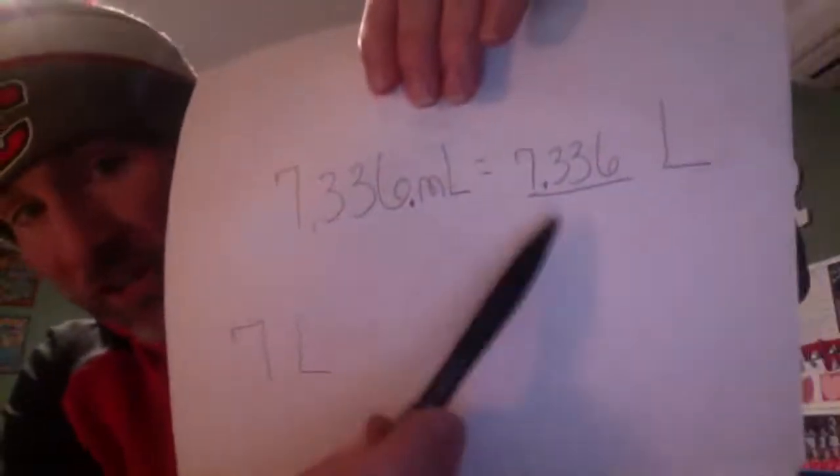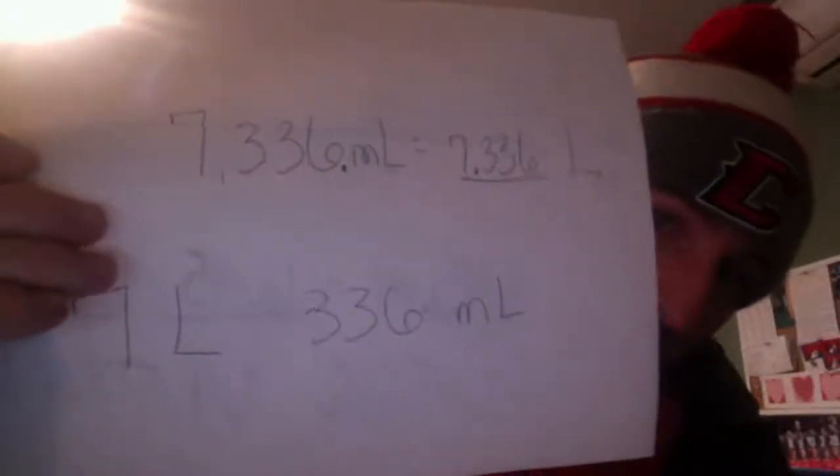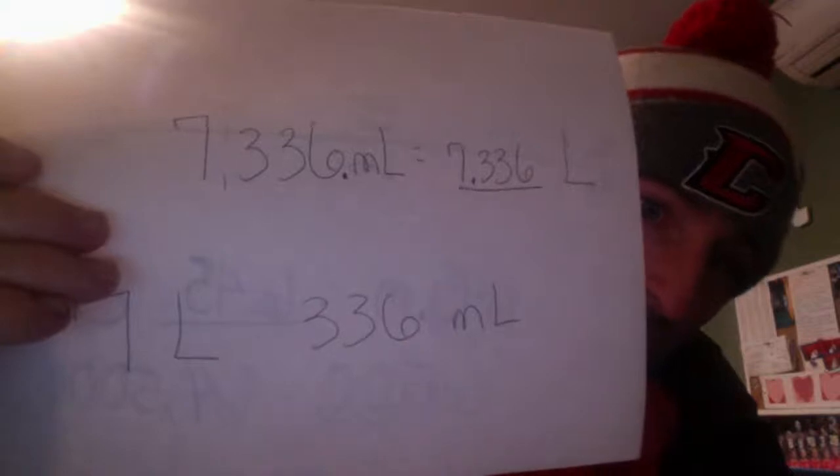I had 336. What do you think that 336 is? That's milliliters. That's the milliliters that were left. So this is how I would answer that. Whatever is on the other side of the decimal is the other part that you're measuring. So it should be 7 liters, 336 milliliters.